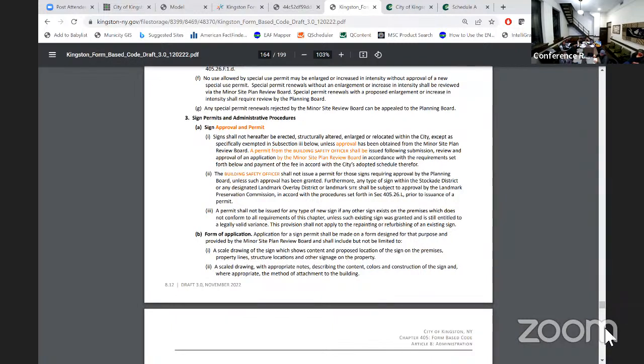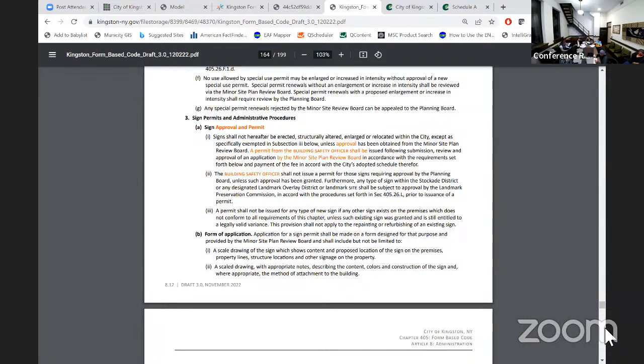I'll double check the general city order, but my understanding is special permits require a public hearing. And I thought you guys didn't do special permits at the minor site plan review board. Well, all special permits technically go to the planning board.